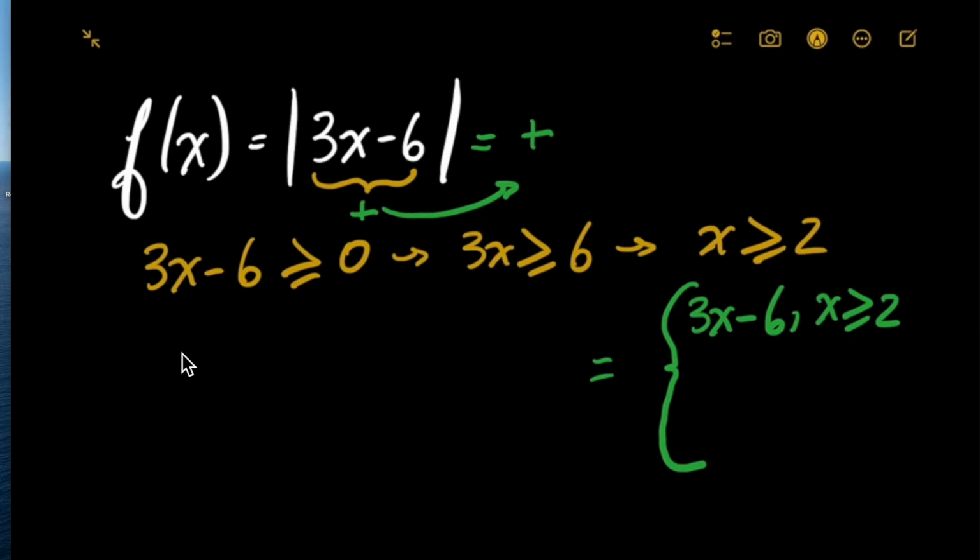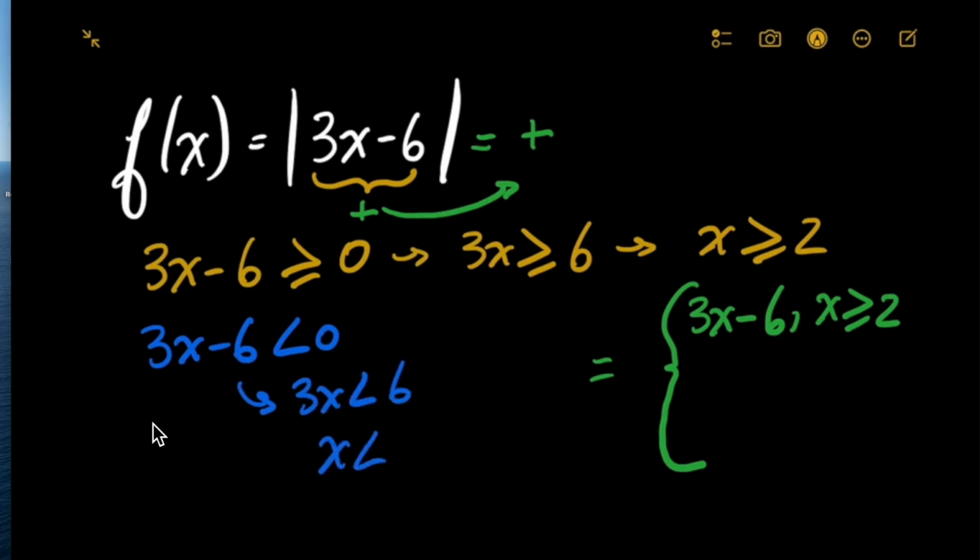Next, we're going to set what is inside the absolute value to less than 0, namely a negative value. Now we're going to get 3x is less than 6 and x is less than 2. Now folks, because we set this to a negative value, the final result, which is always positive, is going to be opposite.